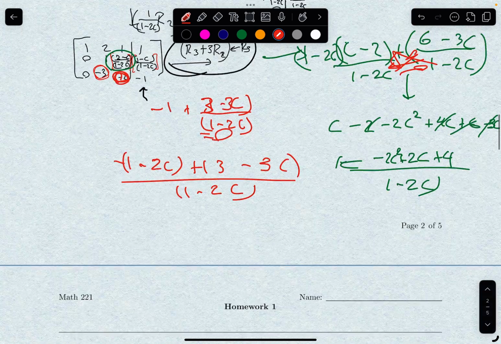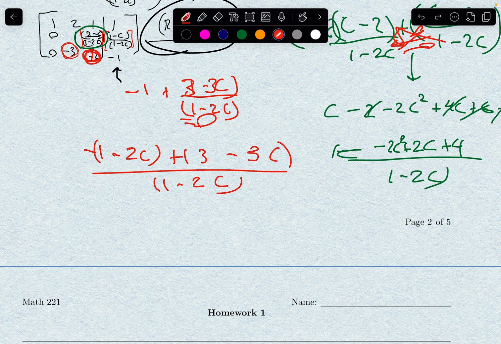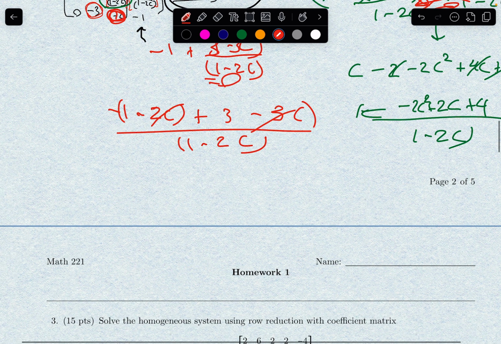And that's essentially going to give you none other than 2 minus c over 3. So that's the same idea.